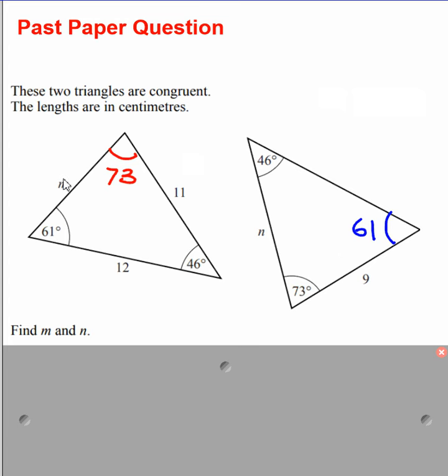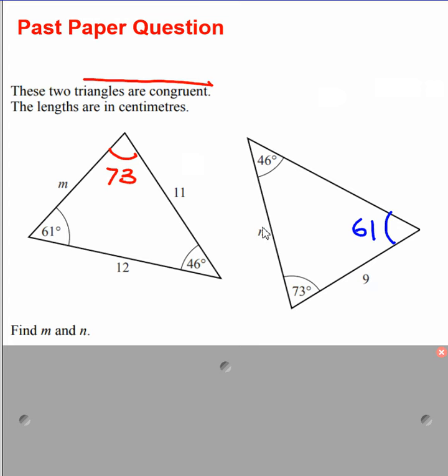The question tells you that these triangles are congruent. Congruent means all sides are the same and all angles are the same. M is the side between angles 73 and 61, so in this figure, between 73 and 61, the line has a length of 9 centimeters. It means M is 9.